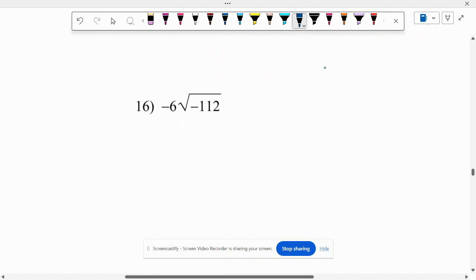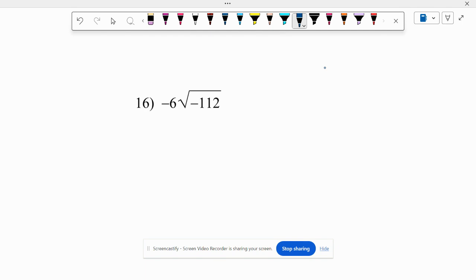16. What do I have to do before I do anything else to that radical? Pull out an i. So I'm going to start with negative 6i square root of 112. It's even, so the first thing I'm going to do is see if it's divisible by 4. What's 112 divided by 4? 28.